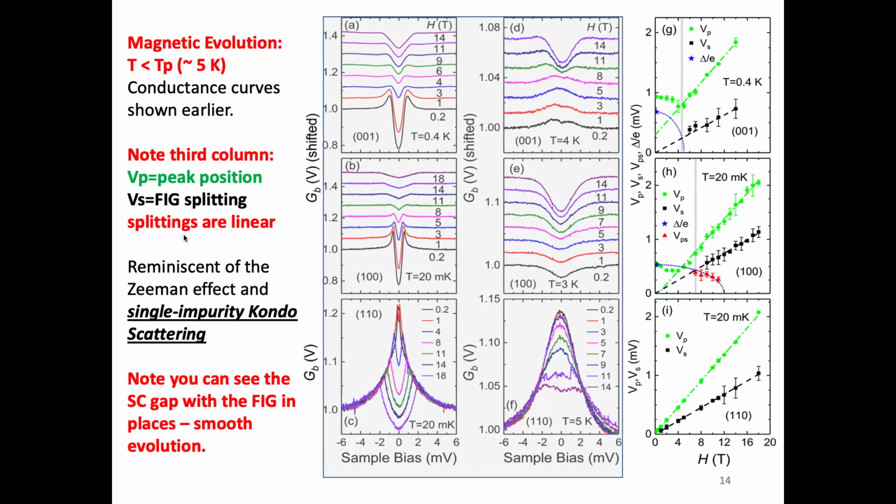I see. So the black, that's VS, is the superconducting gap. The green, or VP, is the pseudogap, or the preformed pairs gap.